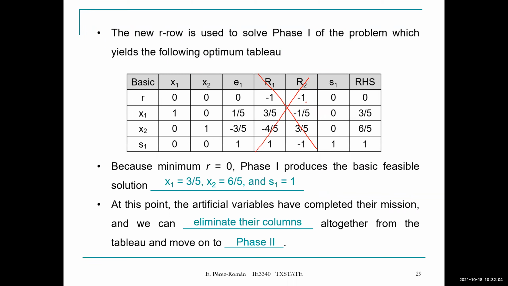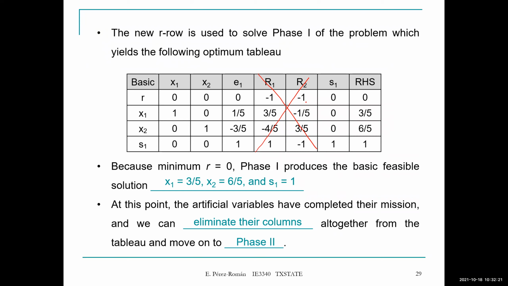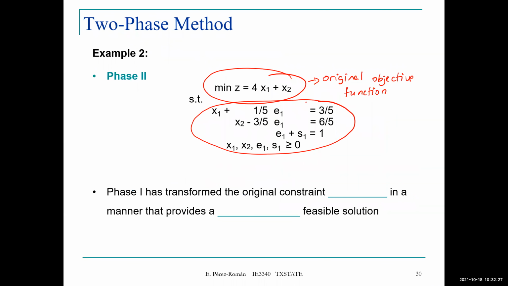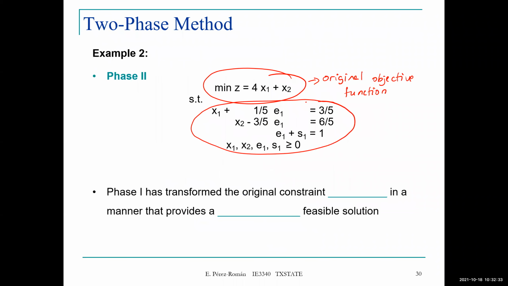So you see, for the first constraint, we have x1 plus 1/5 E1 equal to 3/5. On the second constraint, we have x2 minus 3/5 E1 equals 6/5. And in the third constraint, we have E1 plus S1 equals 1. So after phase one, these are the coefficients for the constraints. We are building those constraints based on this tableau, and we are bringing back the original objective function.